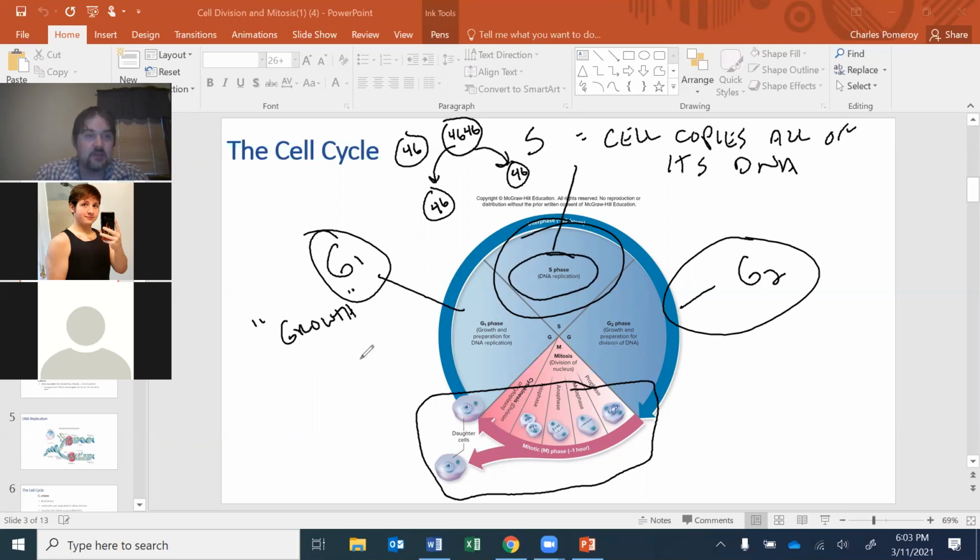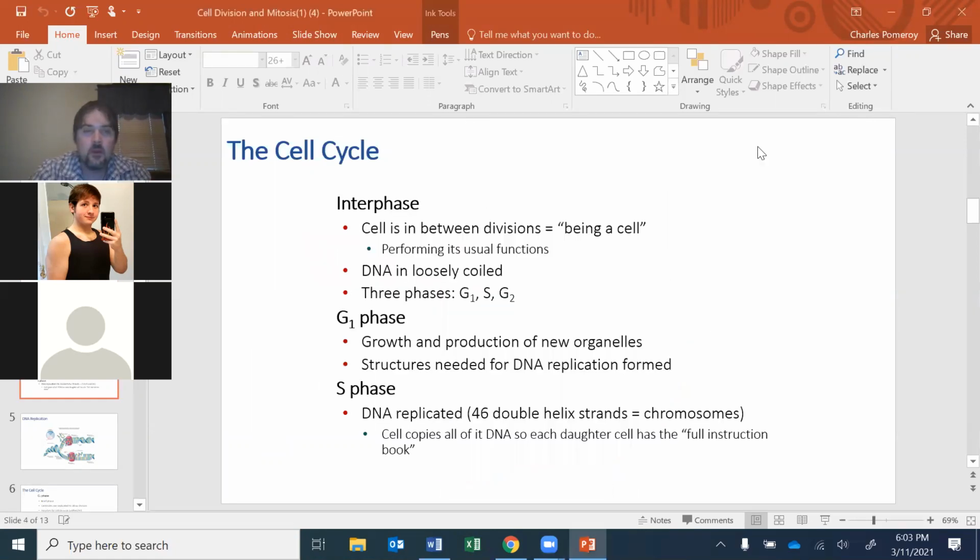Then the two daughter cells that are produced go back into the cycle and repeat it however many times it has to happen. There's interphase: the cell is between divisions, just being a cell, doing its job.